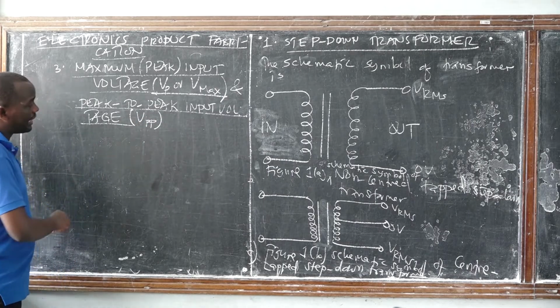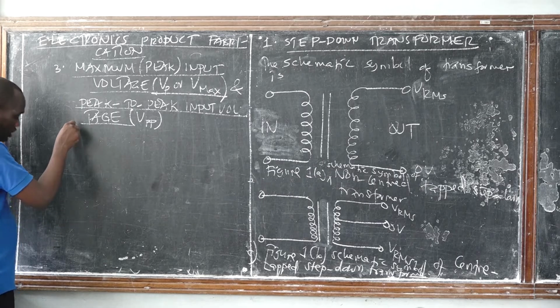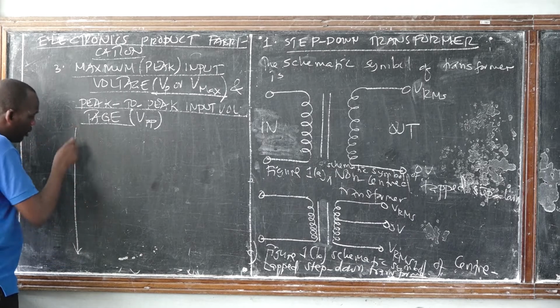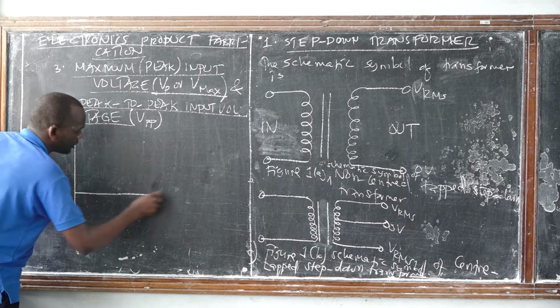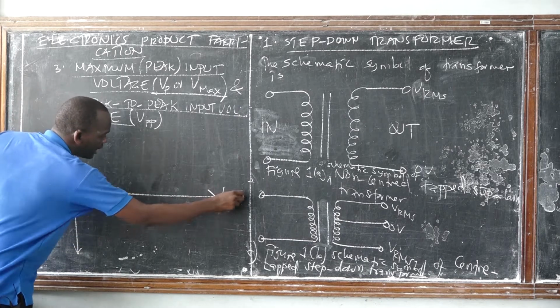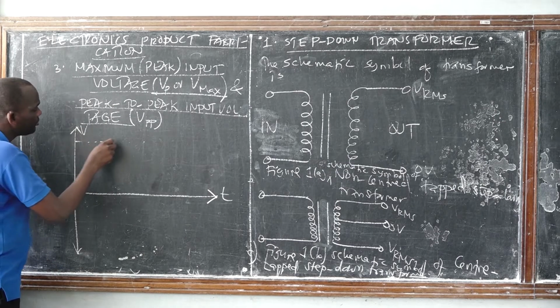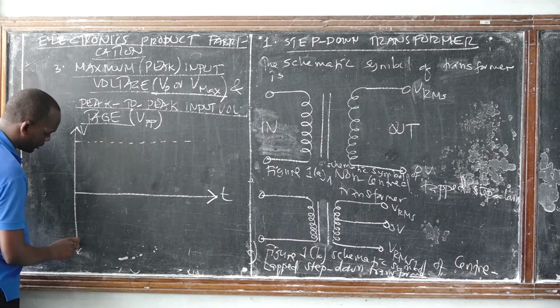So the maximum voltage relates to root mean square voltage. How? Simply we draw the graph of an alternating input voltage. This is voltage and this is time. Stop writing, stop drawing. Look.